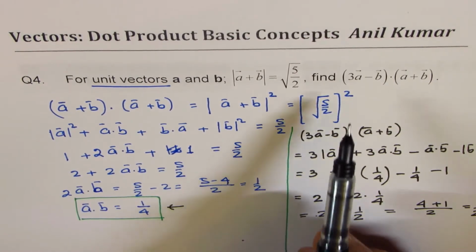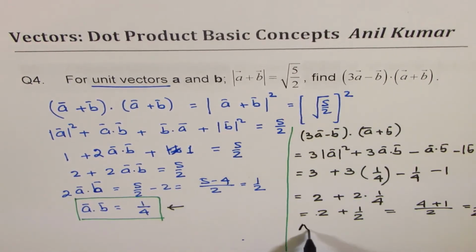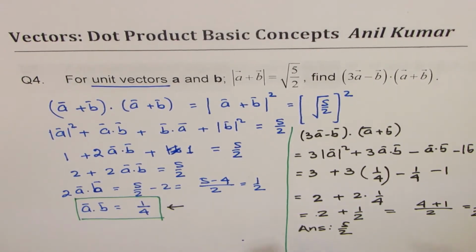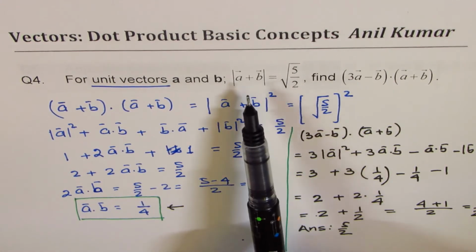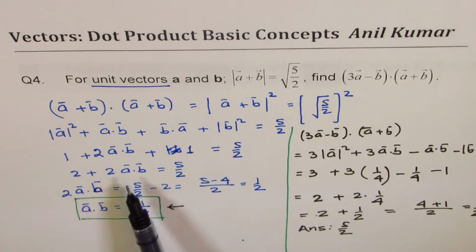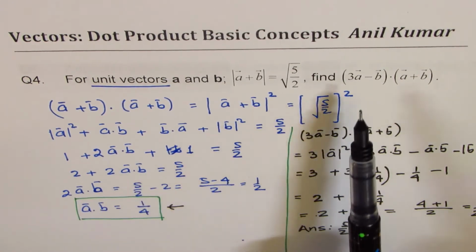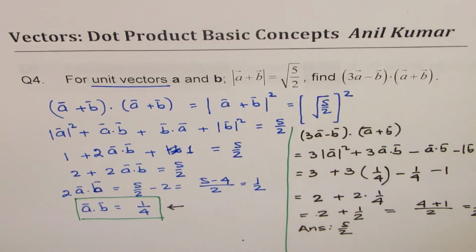So we get this dot product as equal to 5 over 2. So I hope the steps are absolutely clear. So the idea is, from the given magnitude, you can find what A dot B is, and that helps you to find the dot product. So I hope that's absolutely clear, right?